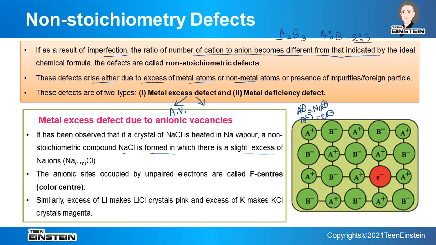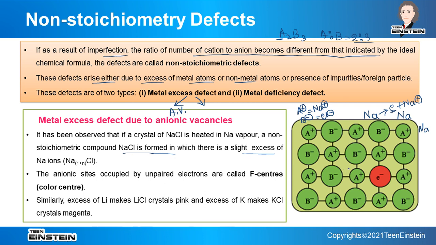Now it is in contact with some sodium vapor, that means extra sodium atoms. Some sodium will be deposited at the surface, and when they are deposited, there is also removal of an electron, so that they can be converted to Na plus. So there is generation of Na plus and also an electron.